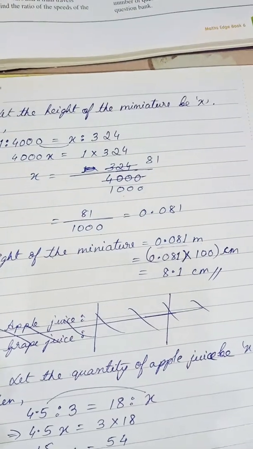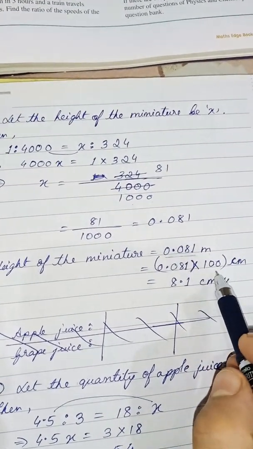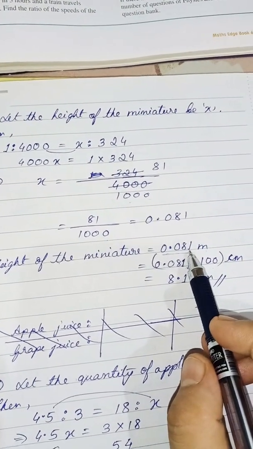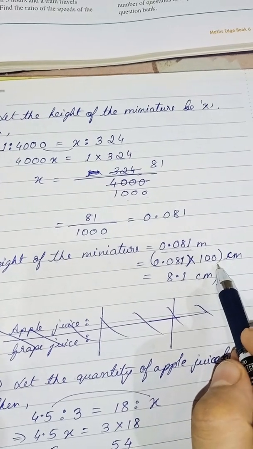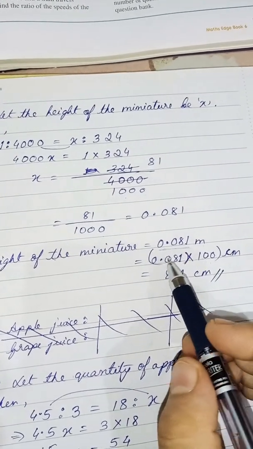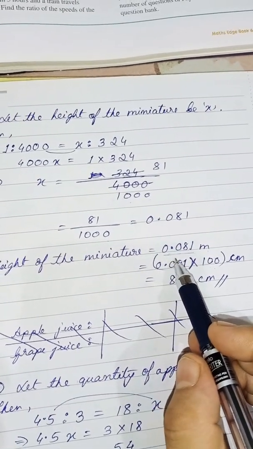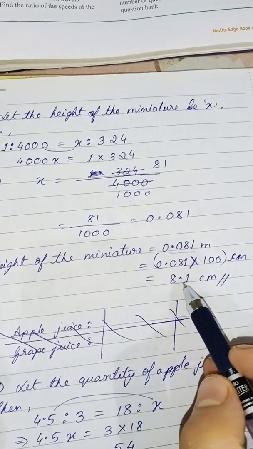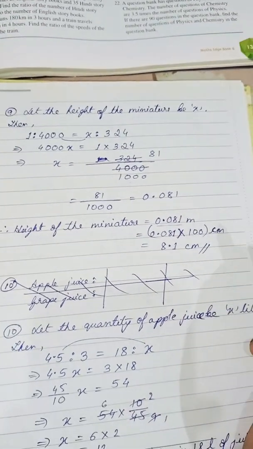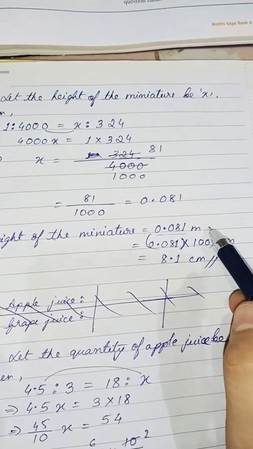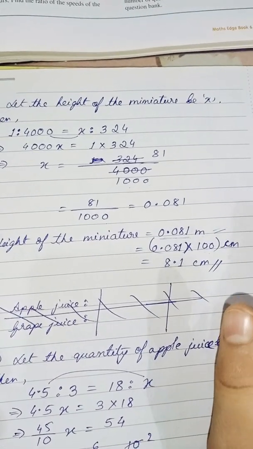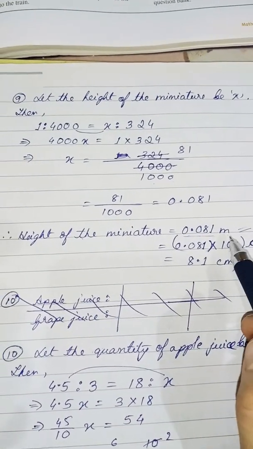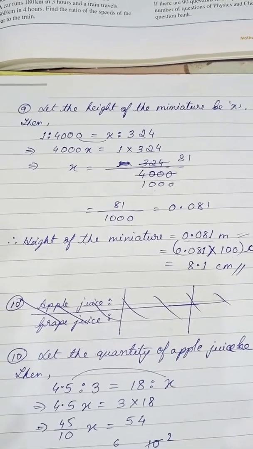So I have converted into centimeter, because it is not even 1 meter. I converted into centimeter by multiplying by 100. When I multiply by 100, the point will move 2 steps right, between 8 and 1. So 8.1 centimeter. Even if you stop the answer here, that is not wrong, that is correct, but because the value is very small, I have converted into centimeter.